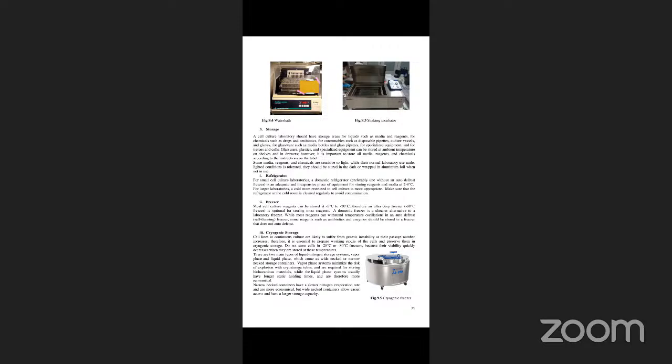Suppose after 1 month I am going on some vacation and cannot work. Then what can I do? I can culture the cells and store them at -80 or -20 for 1 month. -20 you can keep for 1 month like that. But if I want to store them for more, like 6 months, you can store them at -80.